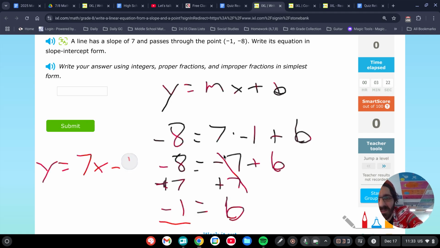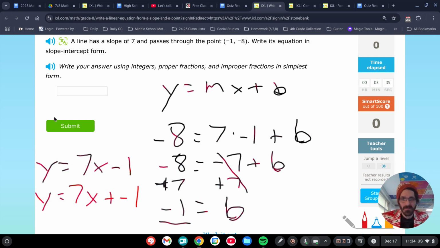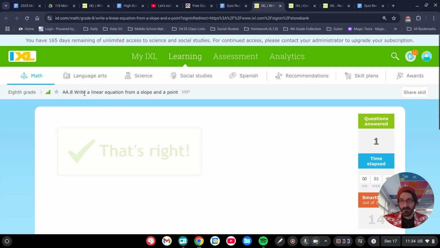We could put plus -1 or -1. It's the same thing. So either way, you could write this as y equals 7x -1 or plus -1. Those are equivalent. So let's do that. I'll do net -1, and we're good.